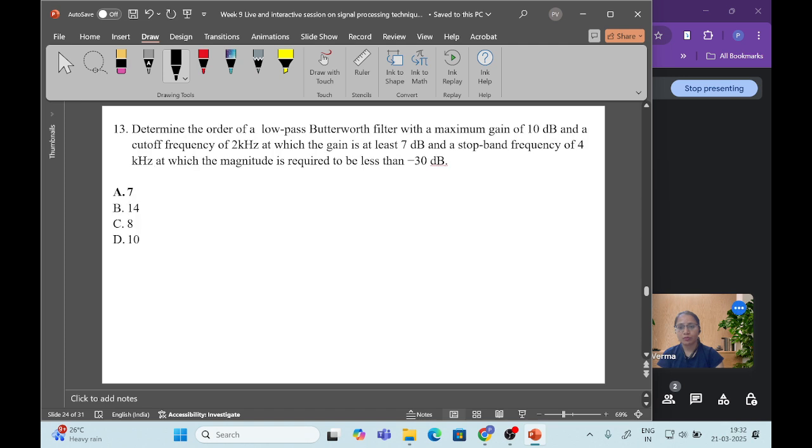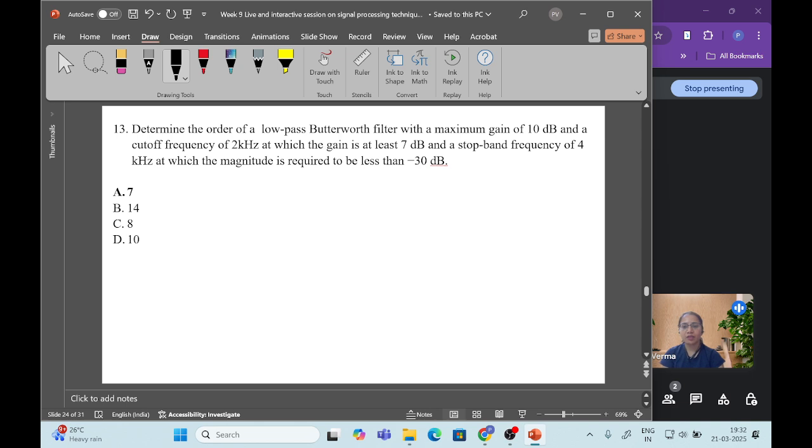Moving to the next question. Determine the order of the low pass Butterworth filter with maximum gain of 10 dB and a cutoff frequency of 2 kHz at which the gain is at least 7 dB, and a stop band frequency of 4 kHz at which the magnitude is required to be less than minus 30 dB.